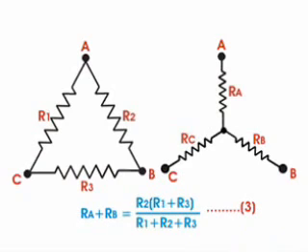When we think about points A and B in the diagram, we can similarly prove that Ra plus Rb is equal to R2 into (R1 plus R3) divided by (R1 plus R2 plus R3), and say this is equation 3.